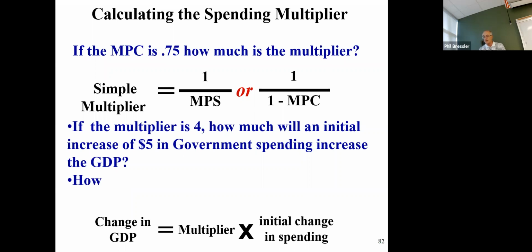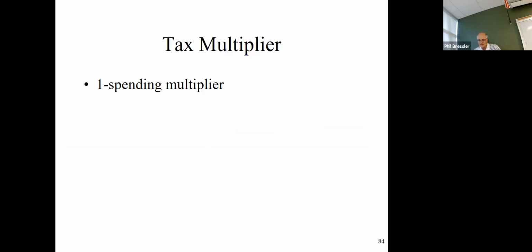If you know this formula, all these are simple plug-ins. So change in GDP equals multiplier times initial change in spending. And then the tax multiplier is 1 minus the spending multiplier.